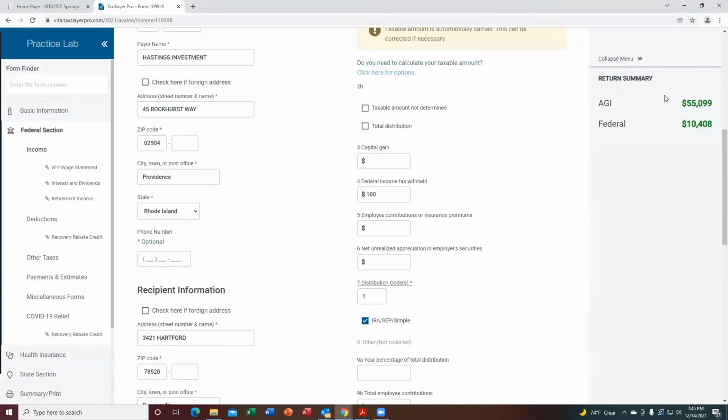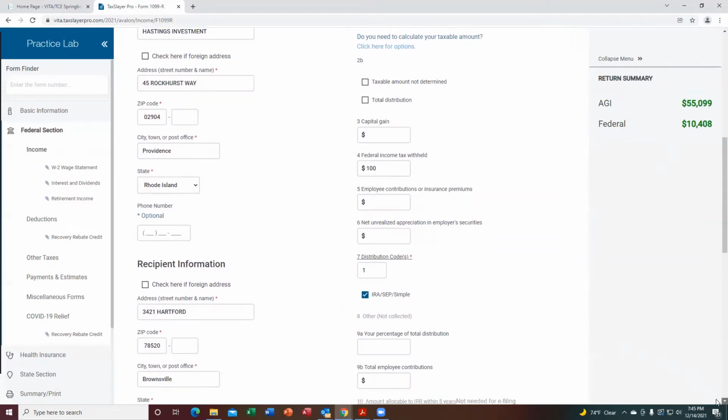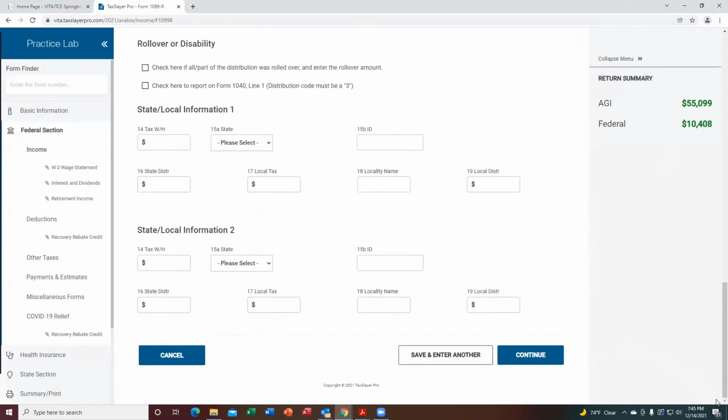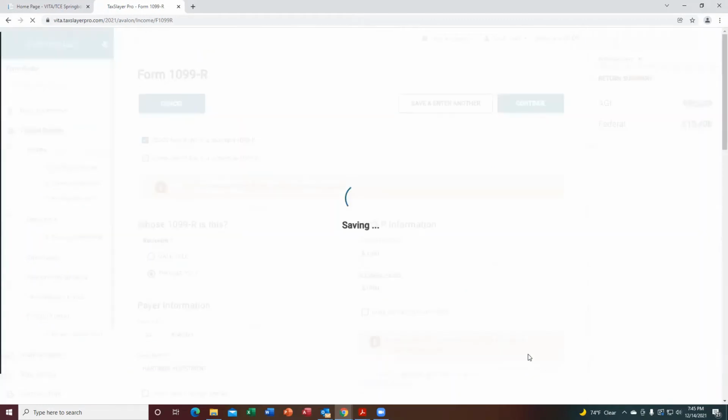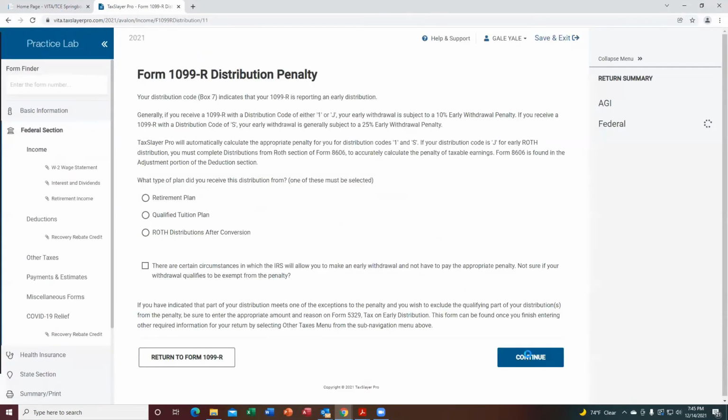So I'm gonna go back to this, and let's see the 100, and I think I had completed all that. So the exemption is done somewhere else, so we complete this as is. Okay, it's from a retirement plan. And we continue.